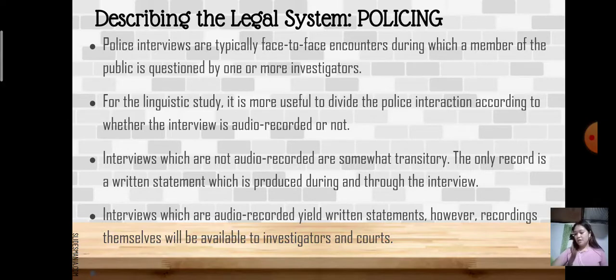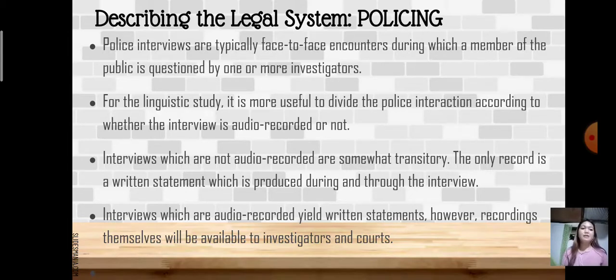So the writing may differ, or there is statement turning or misinterpretation. But when it is audio recorded, they will also listen to the recordings of the actual interview, while also focusing on the written statements by the police.